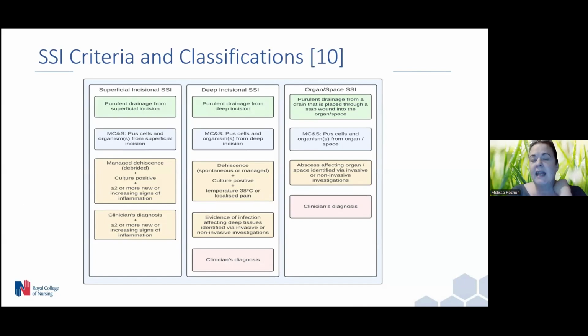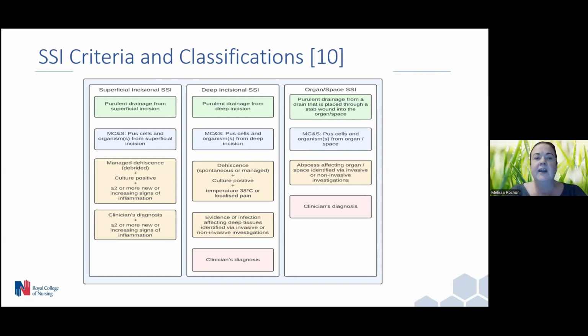And to do that in England, we use the UKHSA classification and criteria. Just briefly, these are sort of three classifications. Your two are superficial and deep incisional, so the infection is confined to the wound. And then you have the organ or space, which refers to the more severe type of deeper tissue infection or abscess that can be identified on direct observation during reoperation or through non-invasive means like investigations.